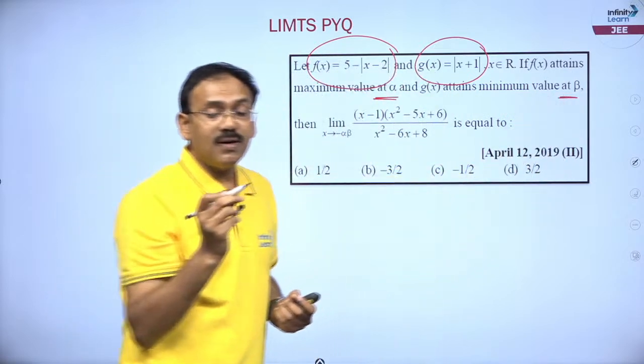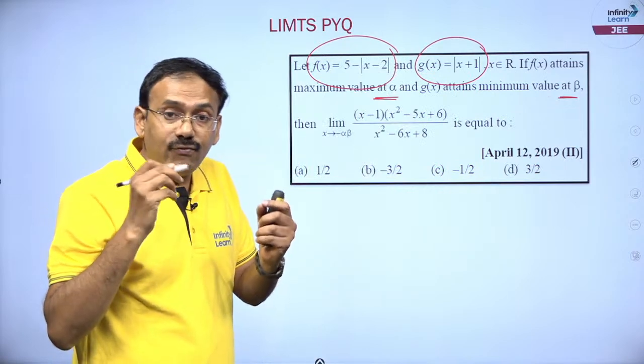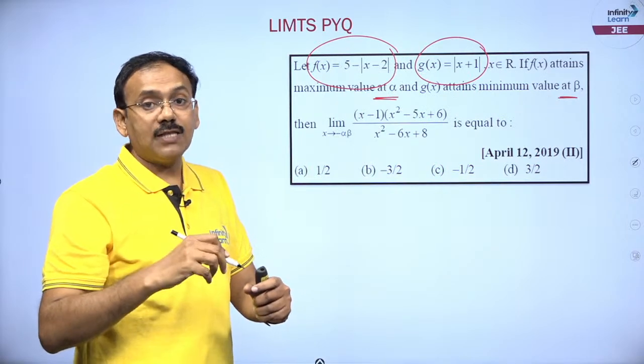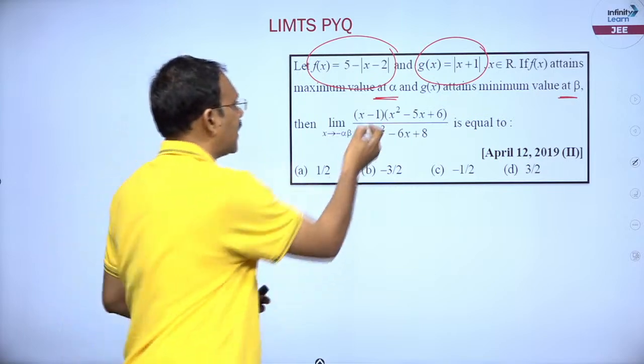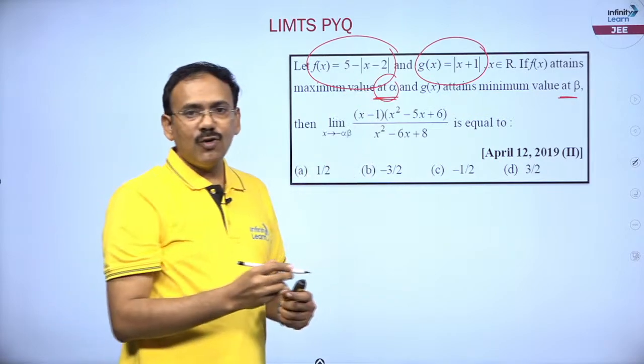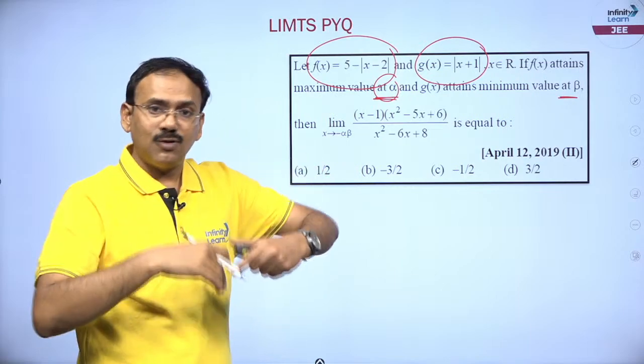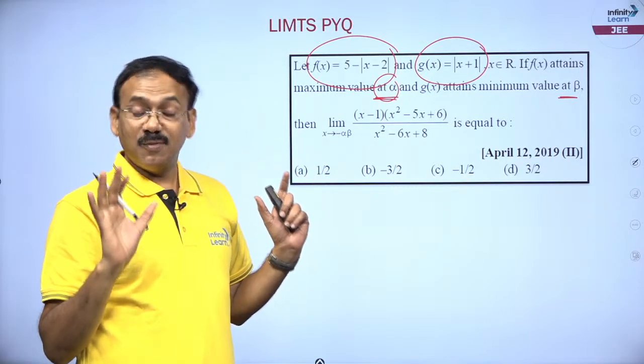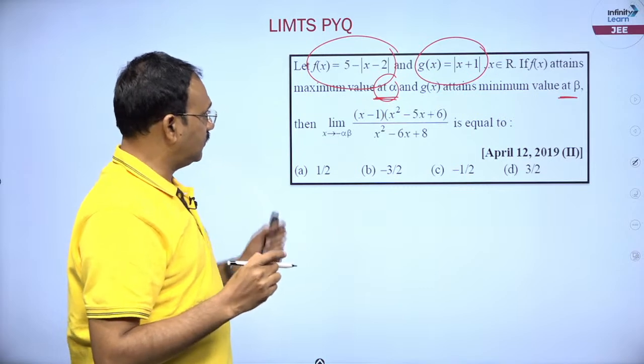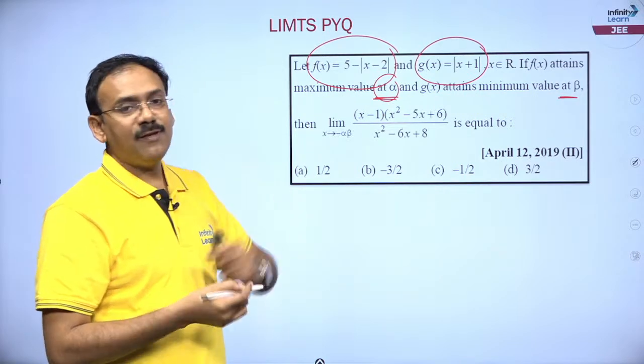Please do remember, he is not saying maximum value alpha. This "at" is very, very important. If you don't read "at" properly in that hurry, maximum value alpha means the total scenario changes. Be careful. g of x attains minimum value at beta.